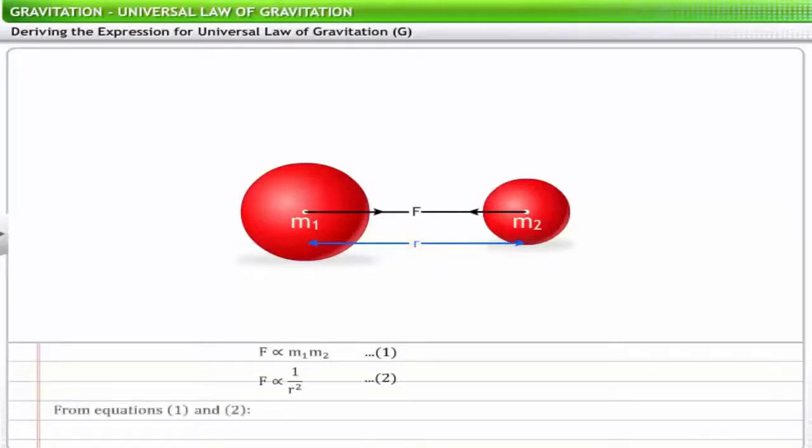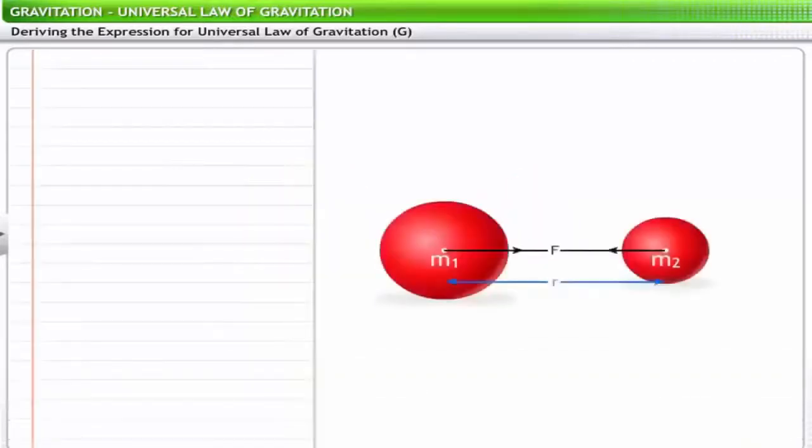By combining both these relationships, we get the gravitational force between the bodies as F proportional to m1 m2 divided by r square. To equate this relationship, we use a constant of proportionality, G, which is the universal gravitational constant. This gives us F is equal to G m1 m2 divided by r square.